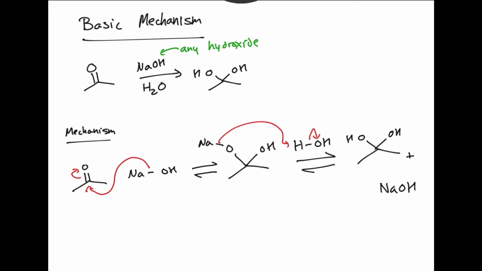If you add stuff to the product side, you're going to force it back to the starting materials. So typically, when we do these hydrations, we use a large excess of water, because now we have a lot of water on the starting material side of the reaction, which is going to force our molecules to make hydrates. It's going to push us towards our product. So water is often a solvent or just in large excess to force these reactions to go.